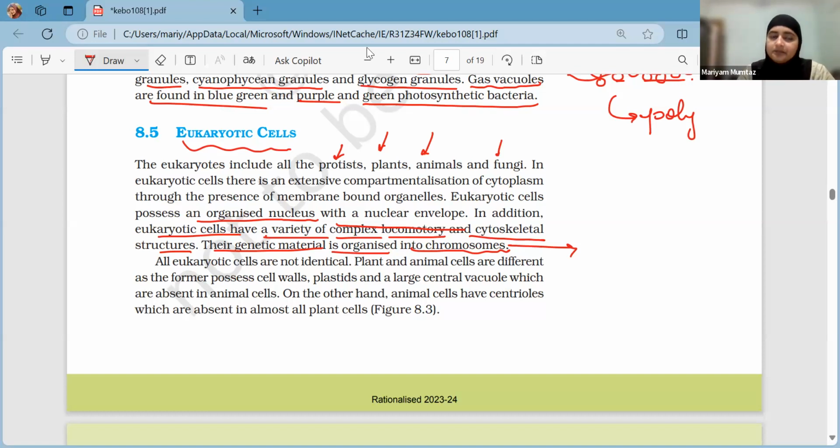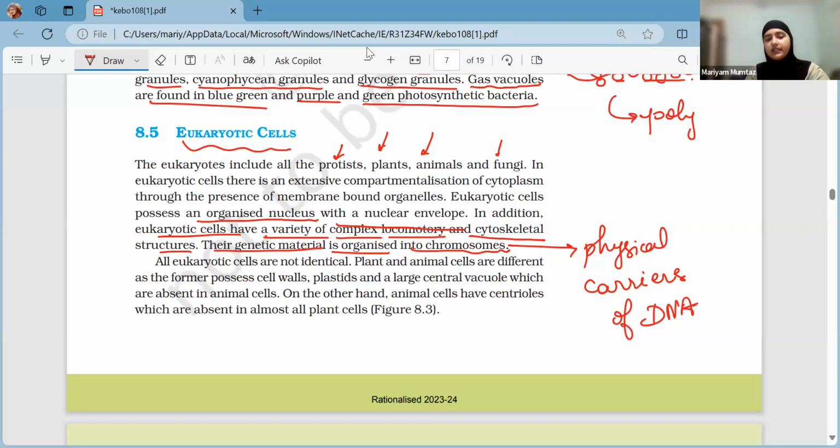That DNA is carried on a chromosome. So you can call the chromosome the physical carrier of DNA, which is our genetic material.